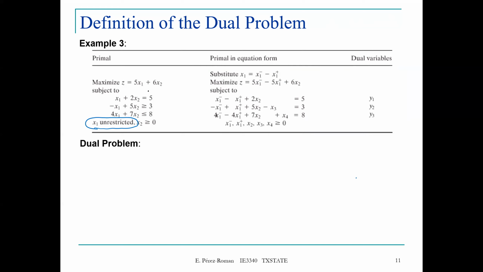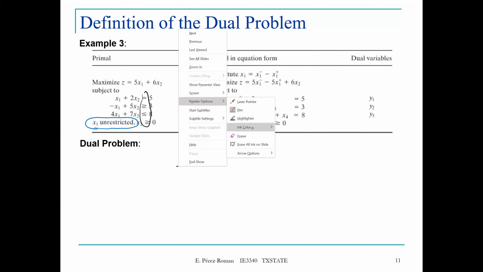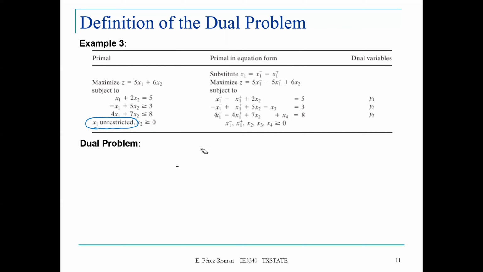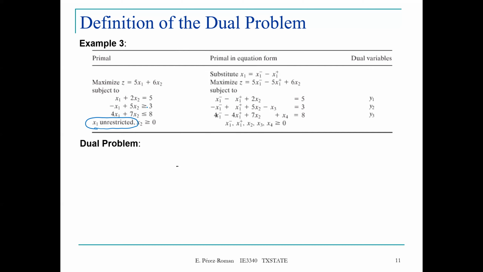But remember, first thing we do is to make sure that all the constraints are in equality form. So we are going to start with making those constraints that are not equalities. We're going to make them equalities by using the slack variables and the excess variables. Okay, so that's what we're doing here. Remember we are substituting x1 by this.